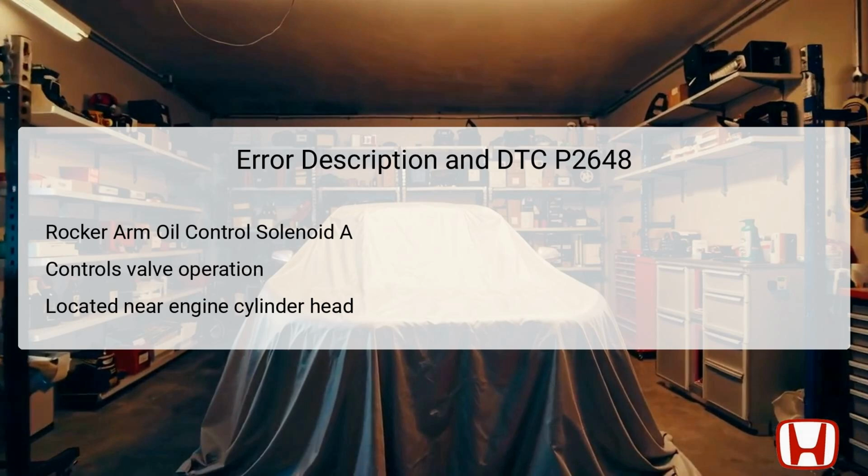The solenoid typically resides at the top of the engine near the cylinder head, where it can effectively manage the distribution of oil. When there's a low voltage condition, this could be attributed to issues such as connector problems, damaged wiring, or internal solenoid failure.